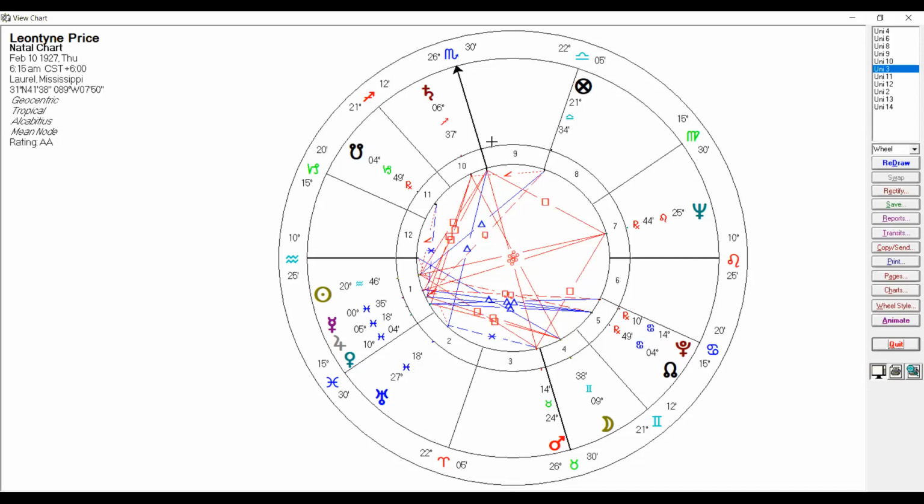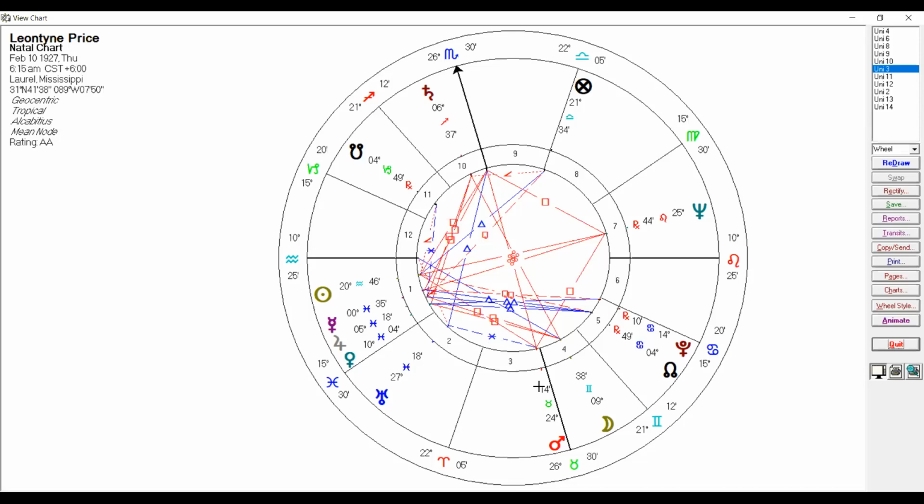Is there a configuration with the moon? There is a configuration with the moon. Now, it doesn't have all of these other things. Saturn and the moon, neither of them are well aspected, exalted, or any of those other things. But look, we have the moon and the sun both in the angles in this chart. So that was one of the things we were looking for.